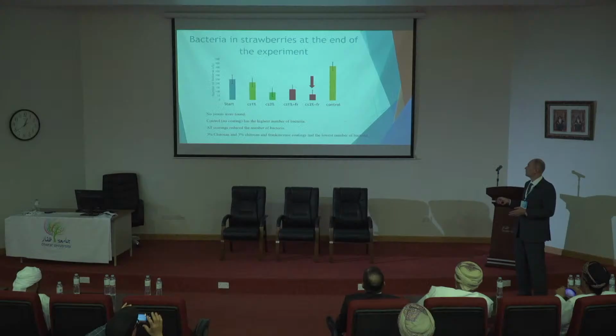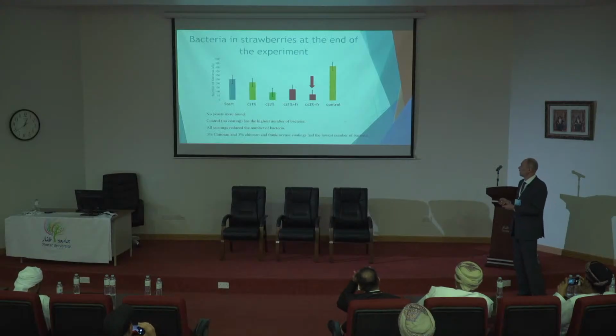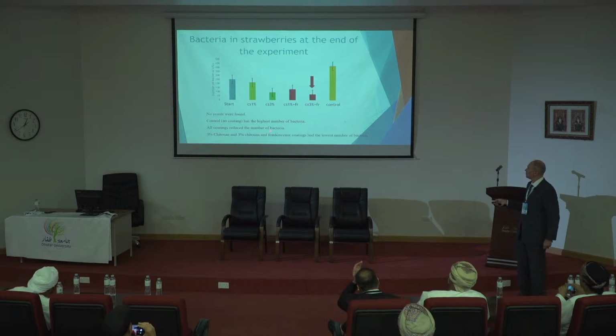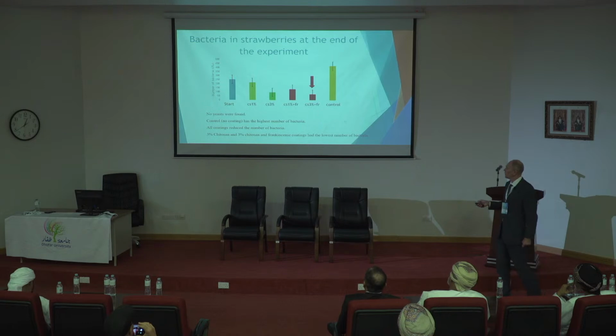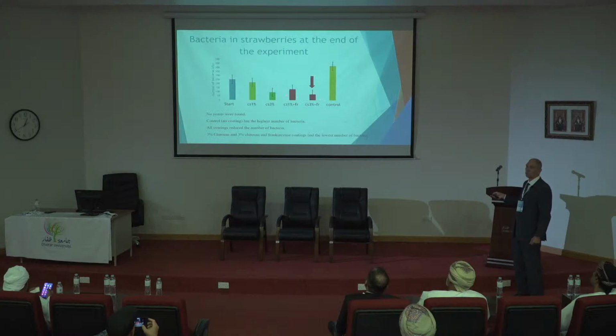The most interesting results we obtained were for bacteria in strawberries at the end of the experiment. You can see that at the beginning of the experiment, we had about 250 colony-forming units of bacteria, and it's not surprising that the number of bacteria increased in the control, almost doubling at the end of the experiment. However, most of the treatments reduced the number of bacteria.